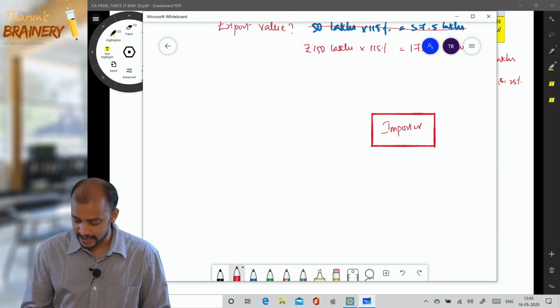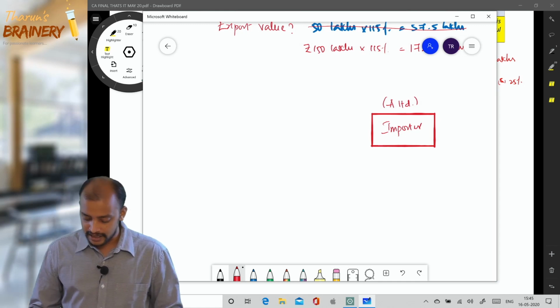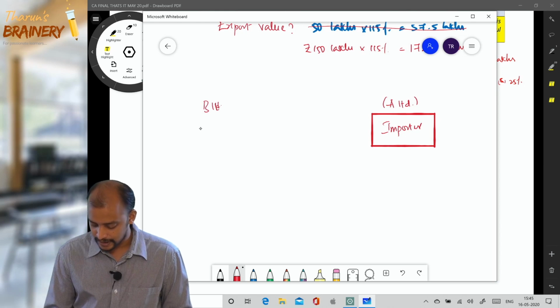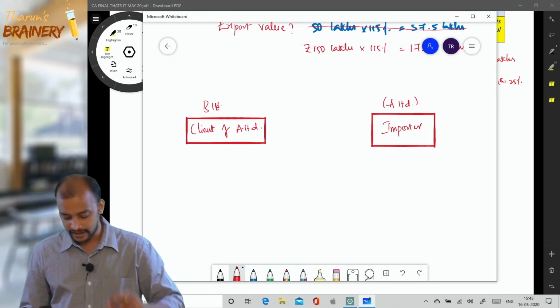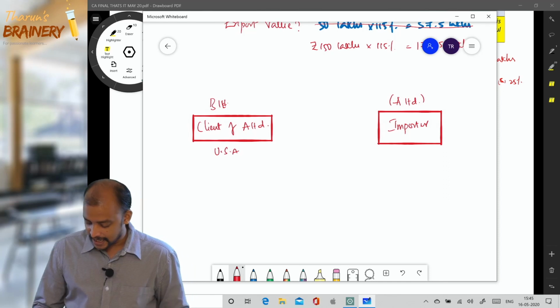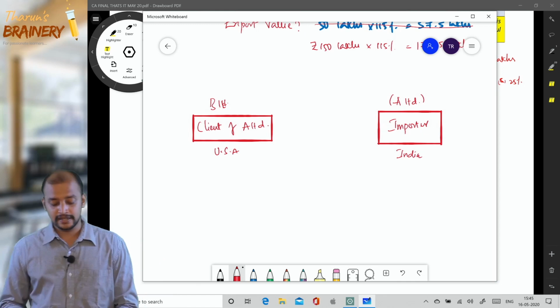Let's take A Limited, and A Limited has a client, B Limited, who is in a foreign country. Say B Limited is in USA and A Limited, the importer, is in India. Now what happens?